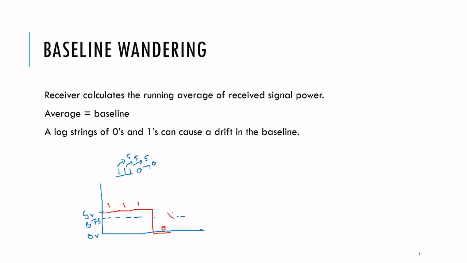Now this is not a very good approximation, because my baseline has wandered away from a good approximation. Similarly, if I had long strings of 0 in the data, then my baseline would shift downwards, and that would also ruin the good approximation for the baseline.